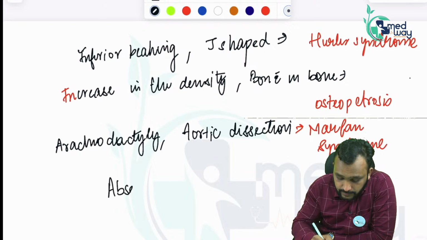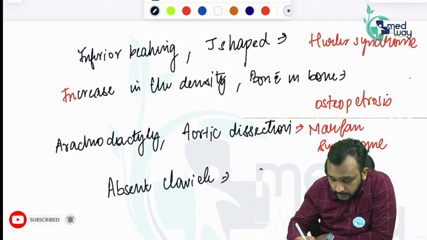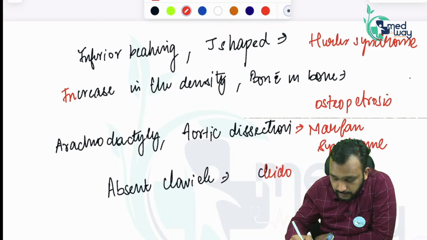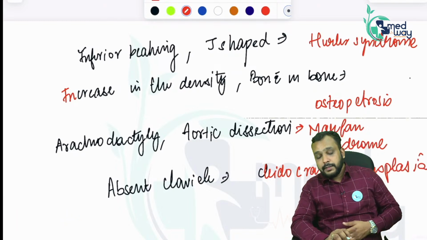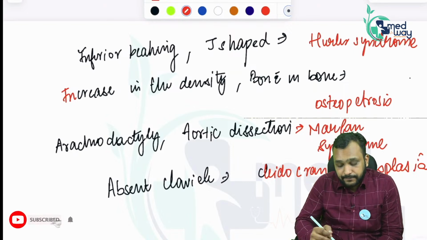Absent clavicle is seen in cleidocranial dysplasia. Right, absent clavicle is seen in cleidocranial dysplasia.